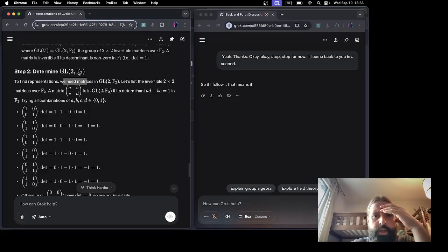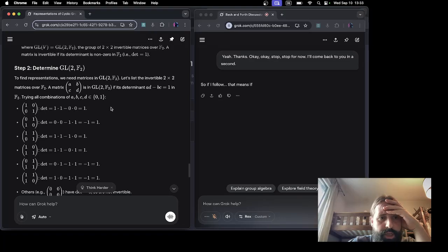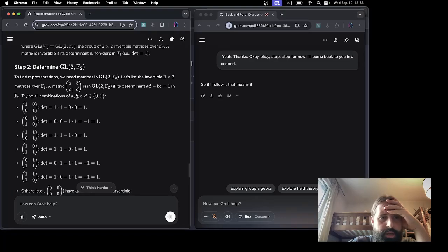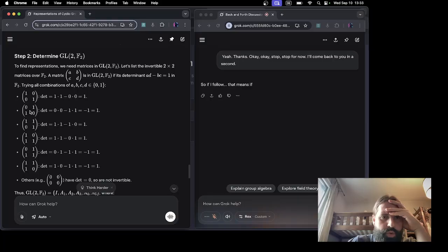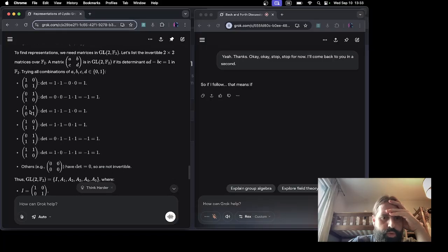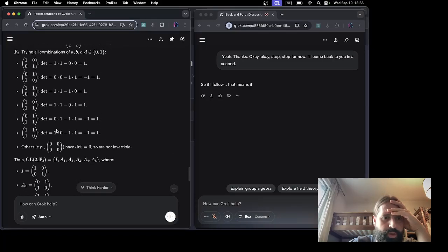If its determinant AD minus BC equals 1, I think that's what it means for this to be invertible, right? Trying all the combinations, and of course A, B, C, D are just elements of F2, so zeros or ones, right? Not invertible. Okay, so those are the ones which are invertible.